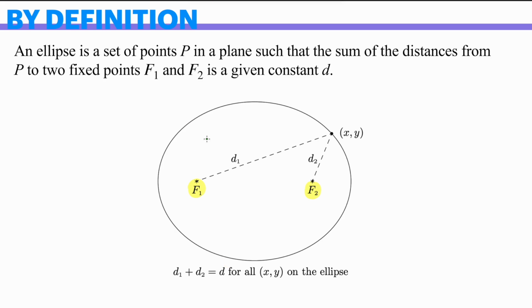Meaning, if I add up this first distance and this second distance, it equals 16. If I take another point and find the distance from a fixed point to this, along with the distance from the other fixed point to this, they would also add up to 16.